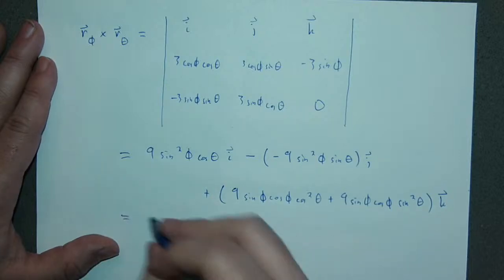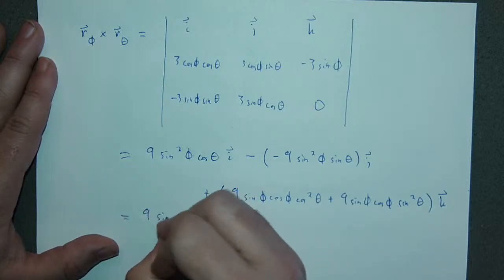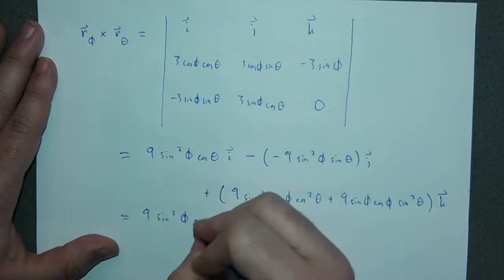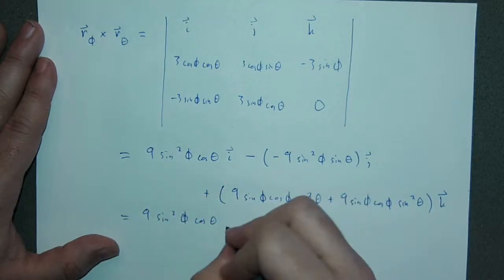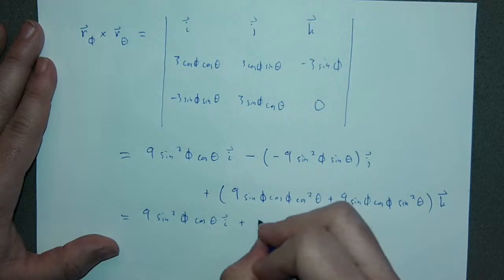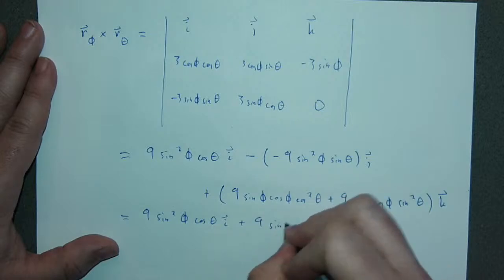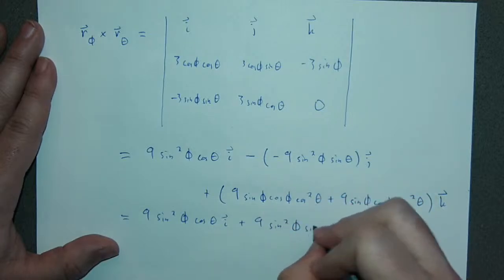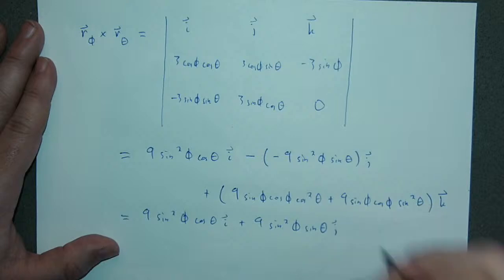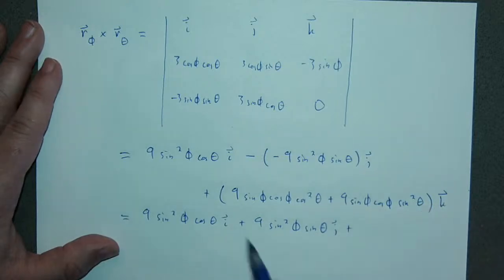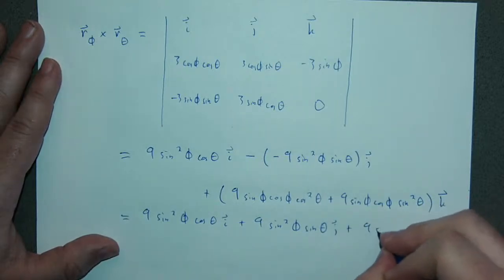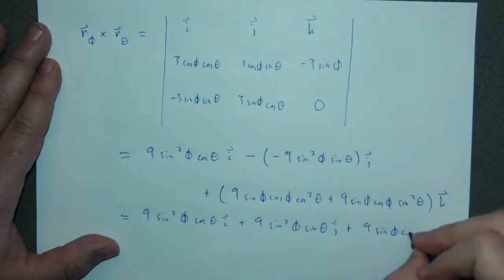So this becomes 9 sine squared phi cosine theta i plus 9 sine squared phi sine theta j plus 9 sine phi cosine phi k.